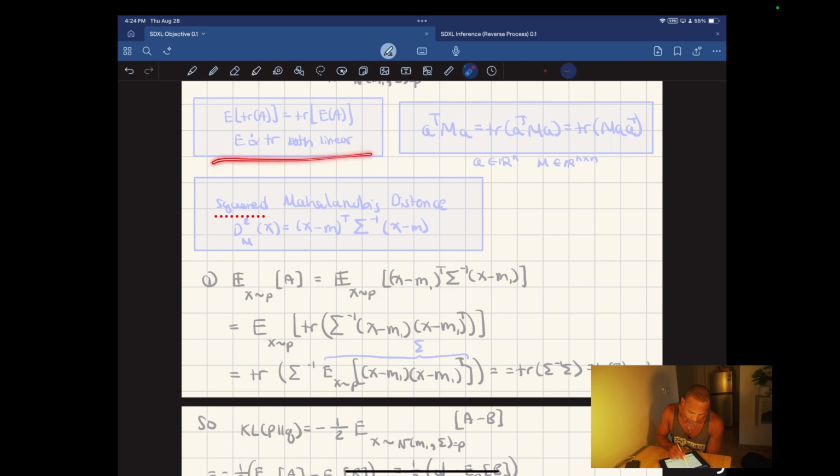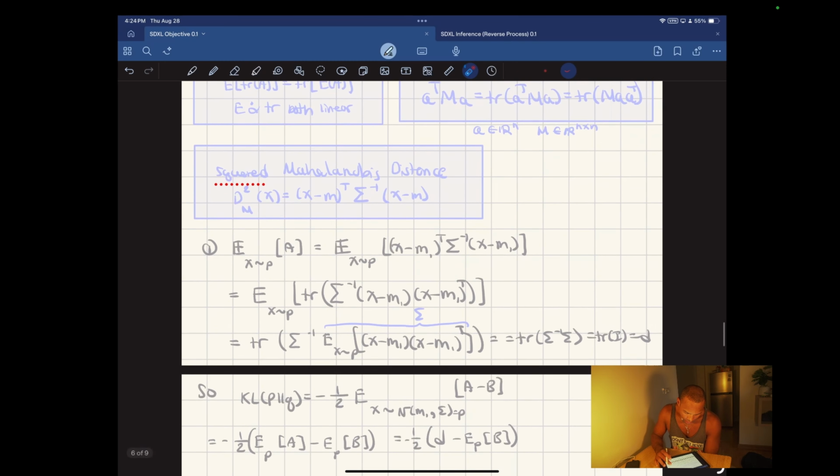We use this property and bring the expectation inside, the trace of the expectation. And because sigma is not dependent on x, we can pull the sigma out of that expectation. So we end up with this.